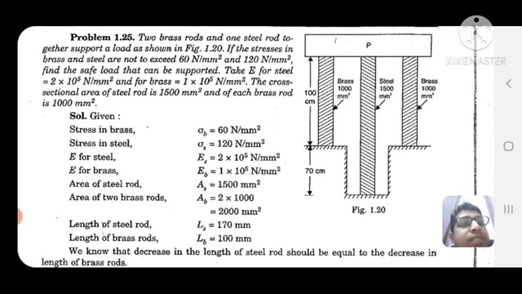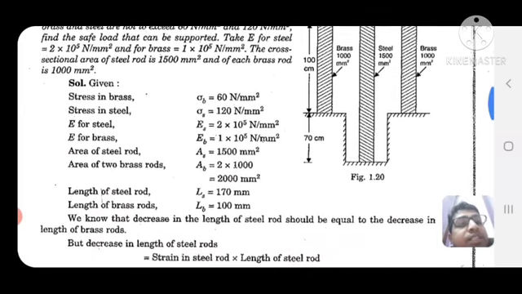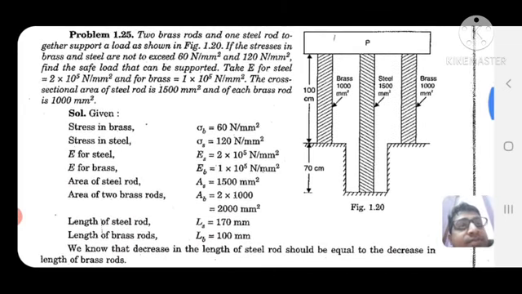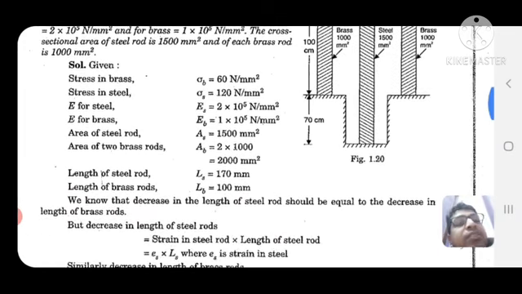E for steel is equal to 2 into 10 to the power 5 Newton per millimeter square, and for brass 1 into 10 to the power 5 Newton per millimeter square. The cross-sectional area of the steel rod is 1500 millimeter square, and each brass rod is 1000 millimeter square.